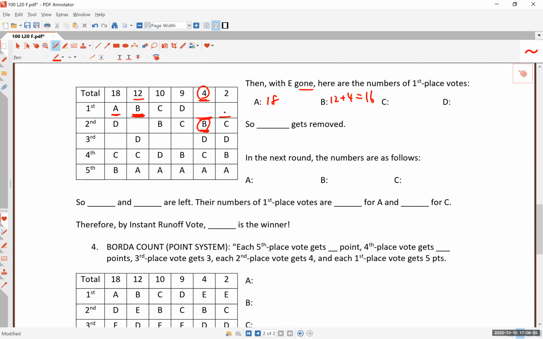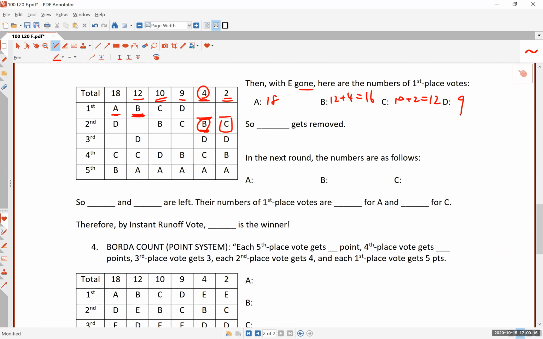And then C, well, C had 10. These 10 people thought C was the best. But now these 2 people, because E is gone, their first choice is gone, are now going to join the C camp. So now we have 12 people supporting C, and D still has 9 people. Hopefully you got that.